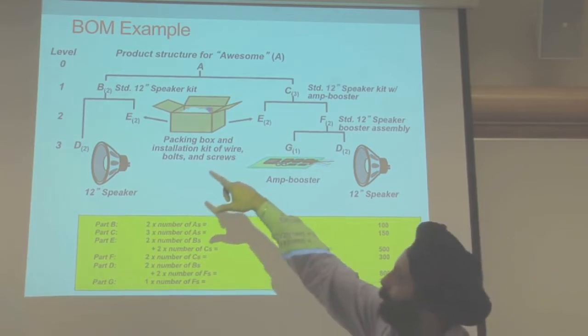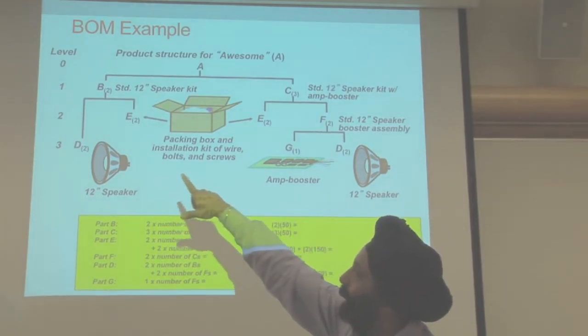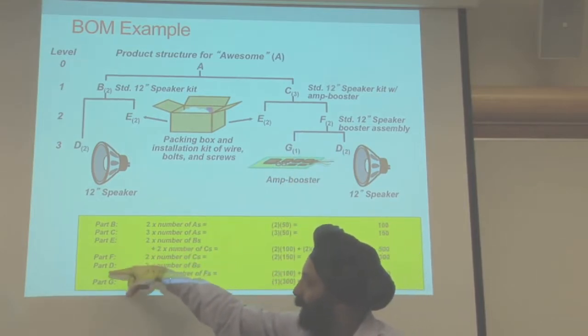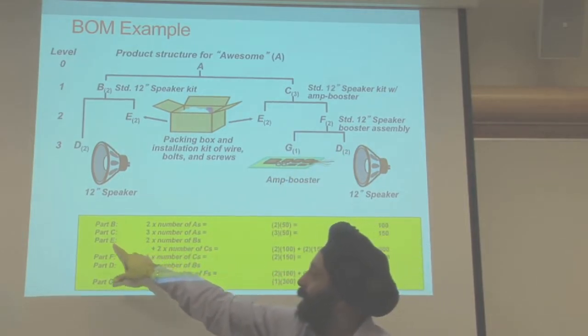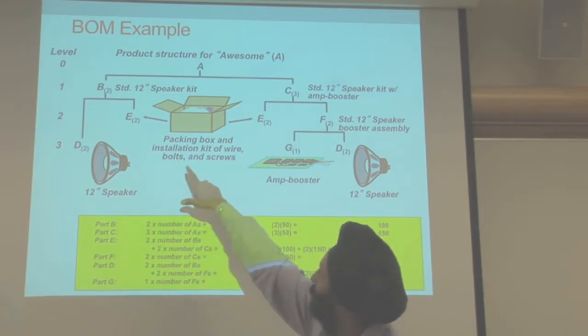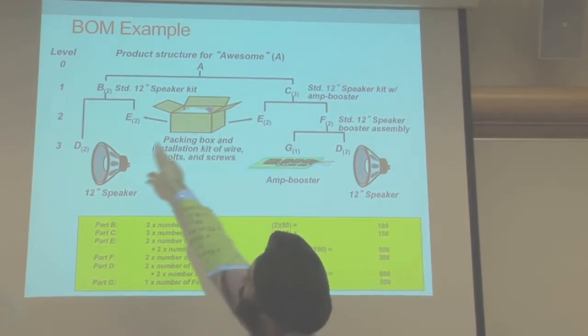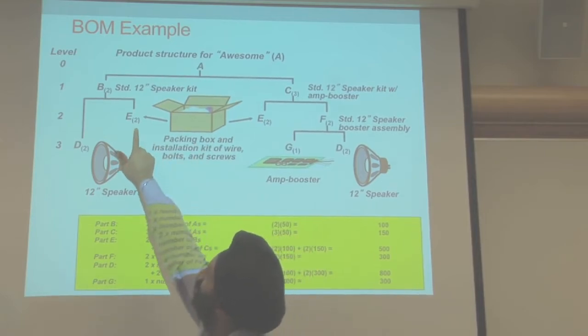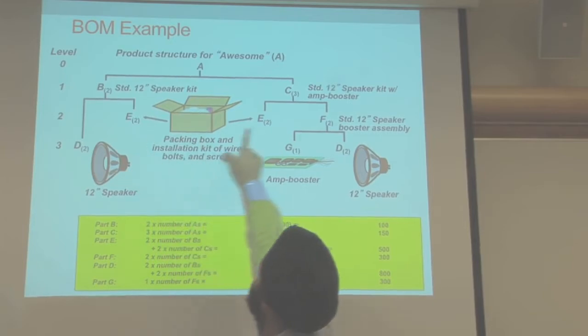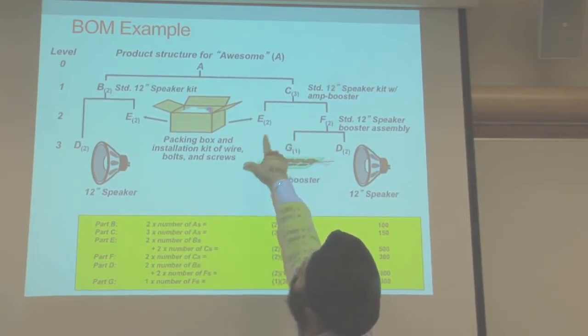Next we calculate the level 2 items, which are E and F. E and F are indicated over here. For part E, you're looking at 2 different areas where you need E. One is that each B requires 2 E's, and each C requires 2 E's.